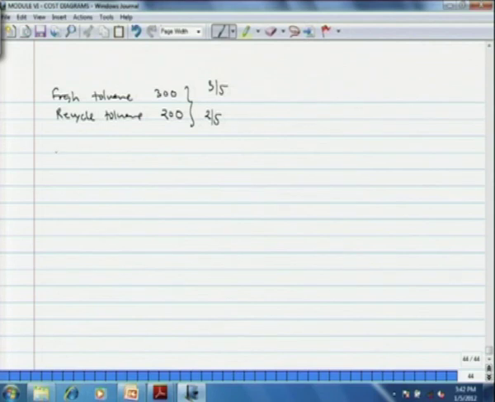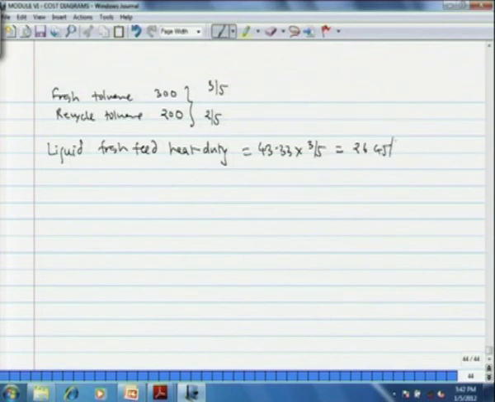Liquid fresh feed heat duty, like the component of product cooling heat duty associated with liquid fresh feed, is 43.33 into 3/5, that is 26 gigajoule per hour.